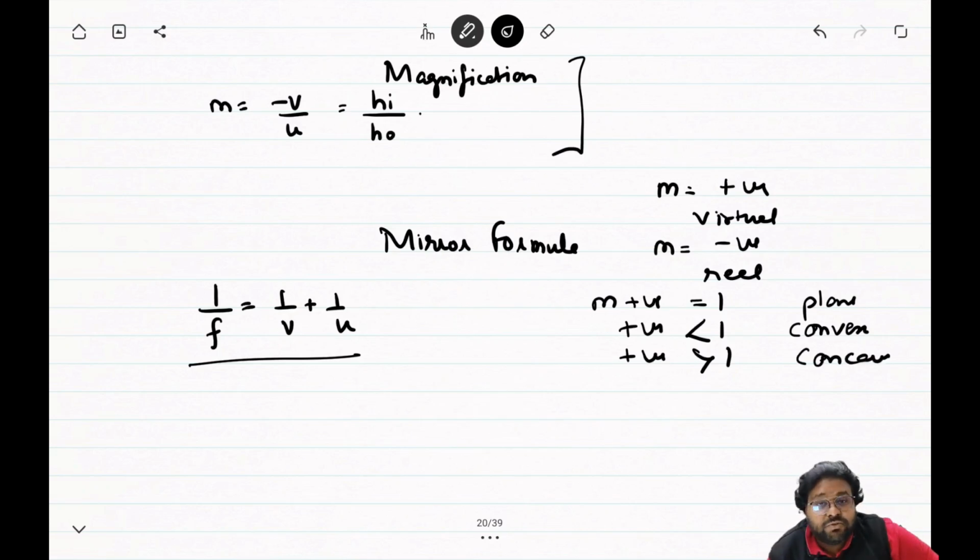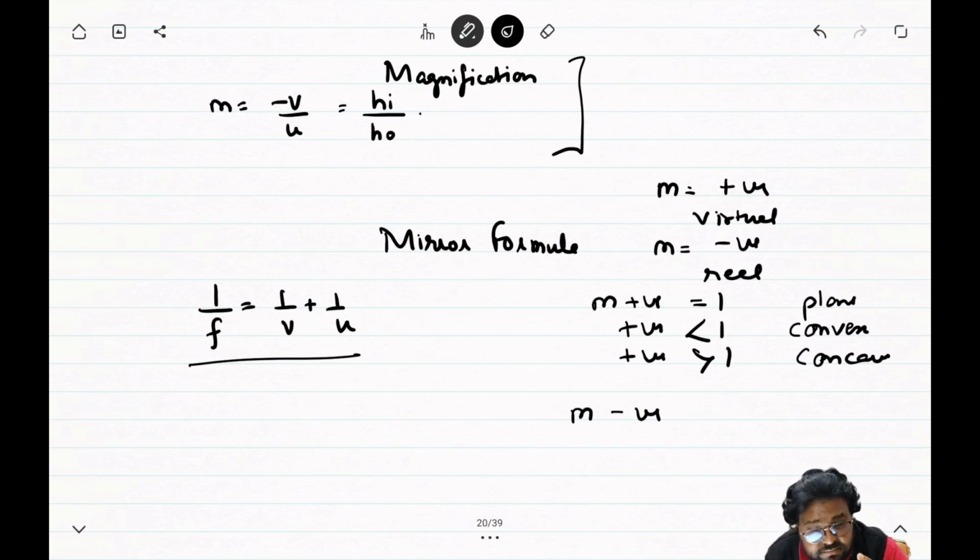The last case, the sixth one, magnified image. If m is negative and the value is between 0 and minus 1, keep that in mind: in integers, minus half is a bigger value than minus 1.5.